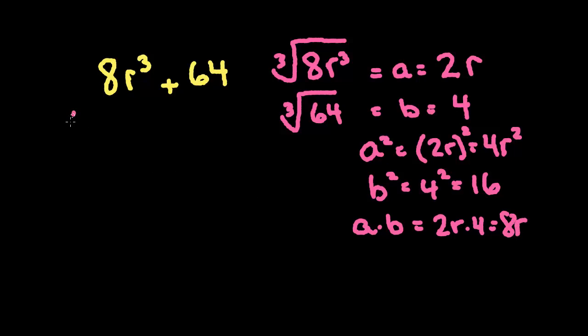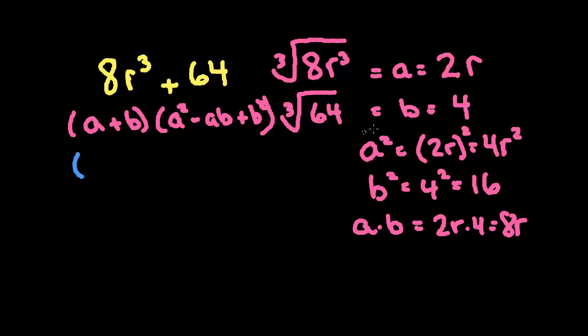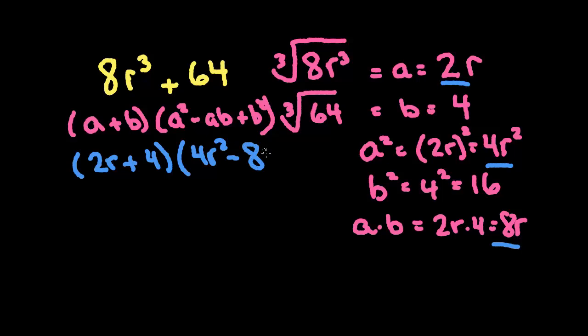And now we're going to plug it into that equation, which remember was a plus b times a squared minus ab plus b squared. So if we just plug it in here, our a is 2r plus b is 4, times a squared, 4r squared, minus ab, 8r, plus b squared, 16.